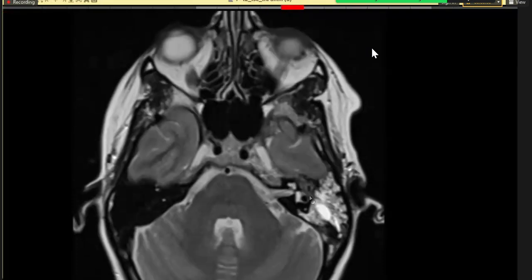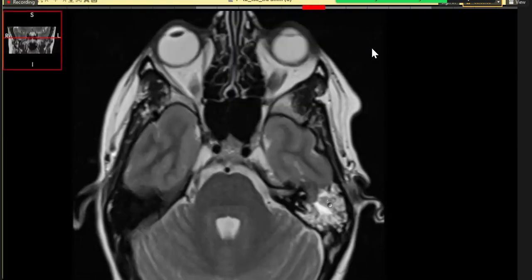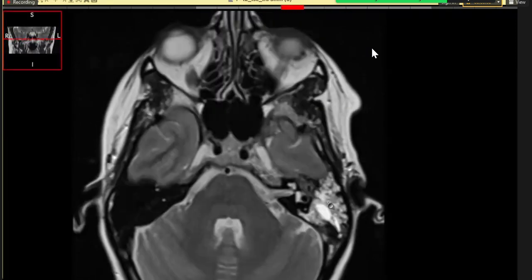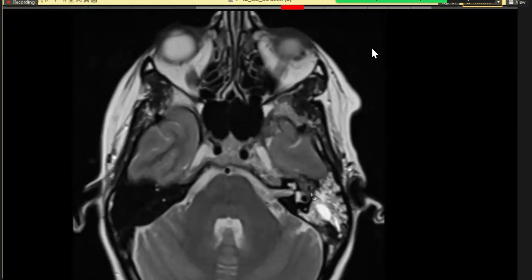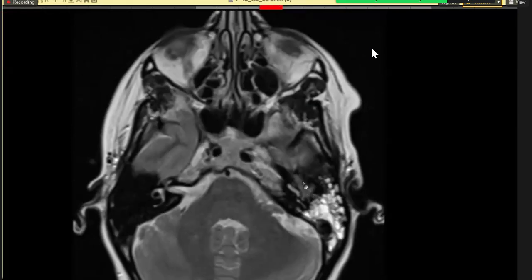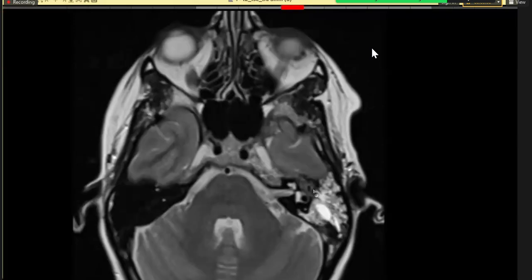And what is this structure? This is the semicircular canal. Okay. And which part is this opacity filling up? This is filling the middle ear cavity.